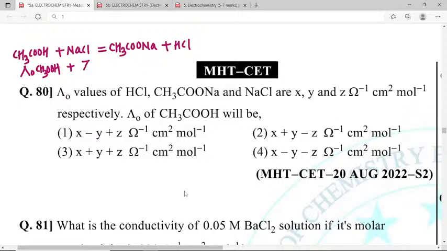NaCl has the value Z, sodium acetate has the value Y, plus HCl has the value X. So solving, it is equal to Y plus X minus Z. Answer please. X plus Y minus Z.